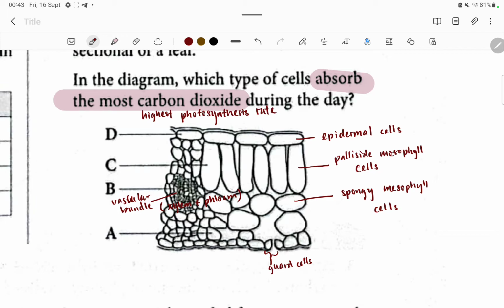So epidermal cells, they don't really do photosynthesis, because they don't have chloroplasts. And then guard cells, they are at the bottom of the leaf wall. Spongy mesophyll cells, they have many chloroplasts also, but not as much as palisade. So the answer should be C.